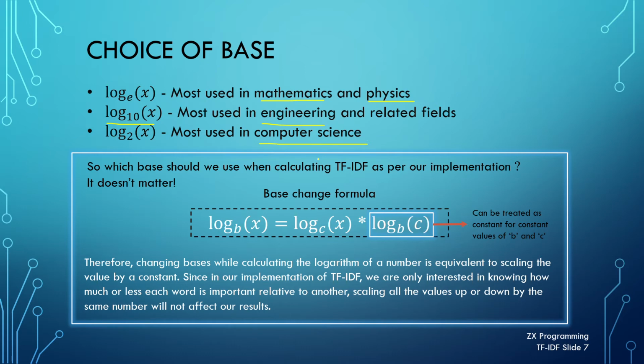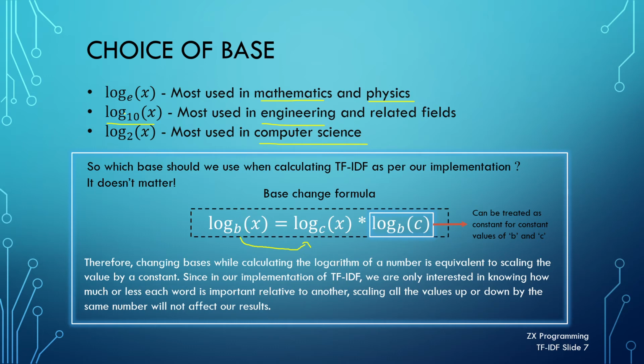In our implementation, it does not matter which base we use, since whichever base we use, we can easily convert to another base using this base change formula. This base change formula states that the log of x to the base b is simply the log of x to the base c multiplied by the log of c to the base b.